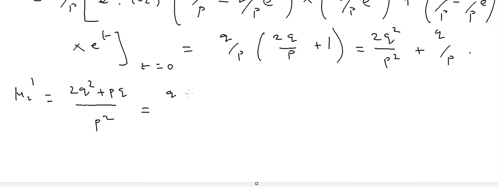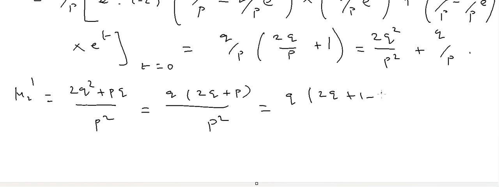That is equal to q into (2q plus p) by p squared. That is equal to q into (2q plus 1 minus q), since p is 1 minus q.